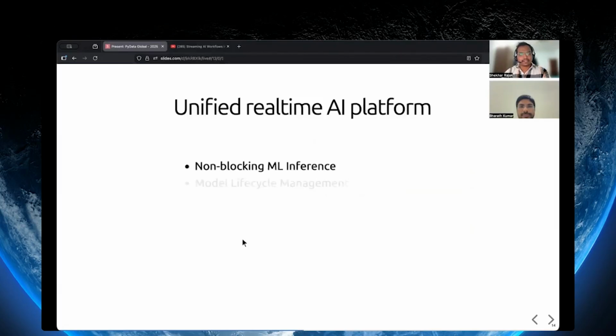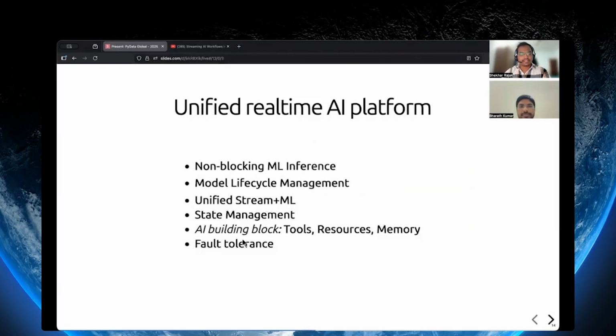Okay, so till now we went through the Flink AI functions, Kafka queue semantics, and the Flink agent. Let's brainstorm a little about how a unified real-time AI platform should look. We are envisioning a system with non-blocking ML inferencing. The model lifecycle management will be loosely coupled.